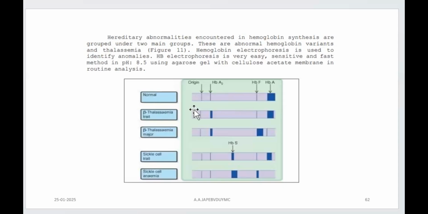What is the case in beta thalassemia? This is a very broad band, right? Are you able to see this? Fine. Similarly, you are having an additional band in sickle cell conditions, right? So some of the cells which are sickle celled, the hemoglobin content, you know the variation, you know the genetics behind it.